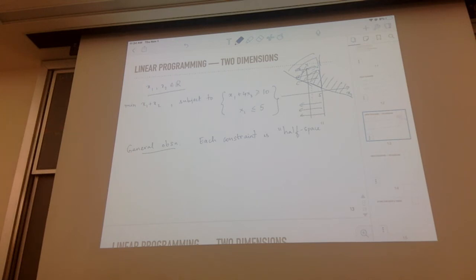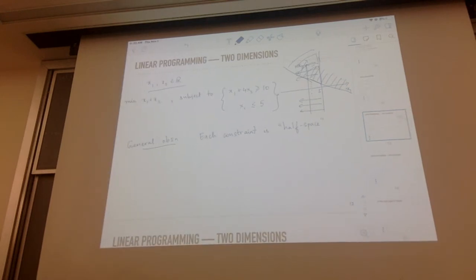In general, in n dimensions, the equation defines a plane, and everything on one side of the plane will satisfy the inequality, everything on the other side will not. This is what's called a half space. So each constraint is a half space, and the overall set of feasible solutions is an intersection of half spaces.